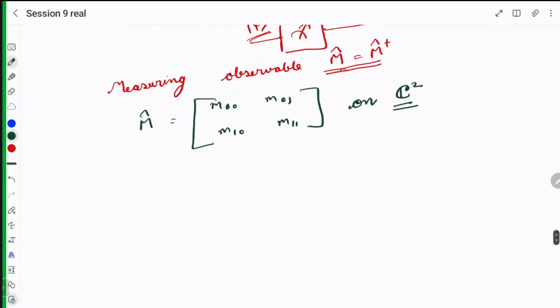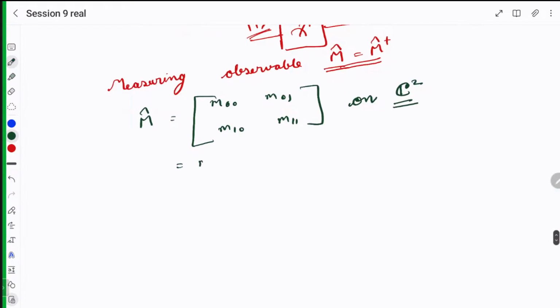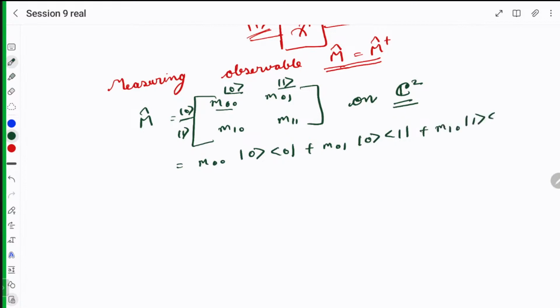Now if you have this operator, you can also write it in the 0, 1 basis as M00 being ket 0 outer product, M01 being ket 1 outer product. So you can write it in terms of this basis.